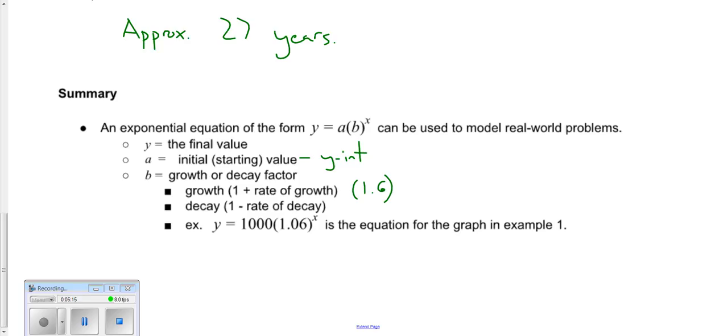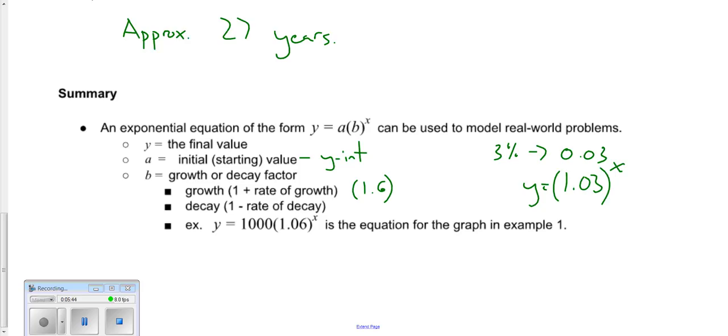So if the growth rate is, say, 3%, as a decimal, 3% is 0.03, because 3% divided by 100 gives me 0.03. So the growth factor would be 1.03 to the x, okay, if it started at 1.